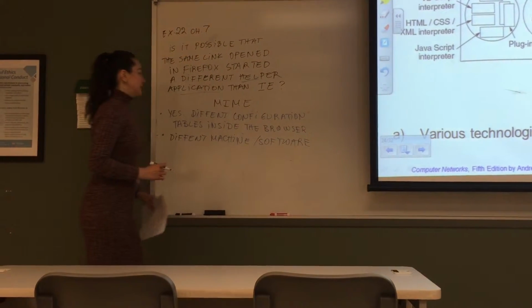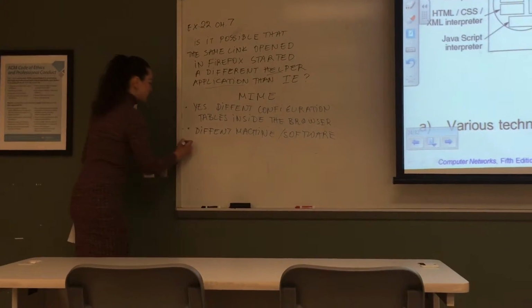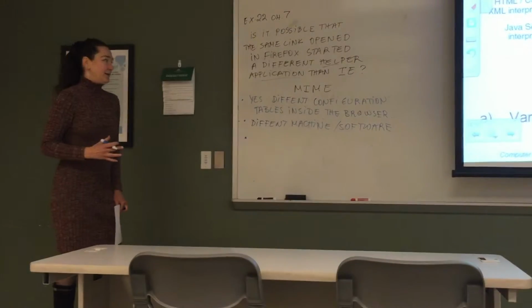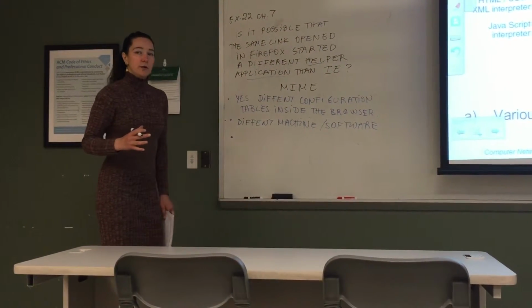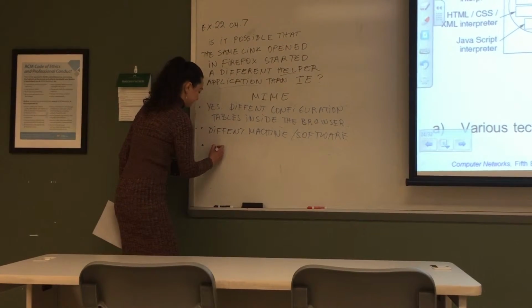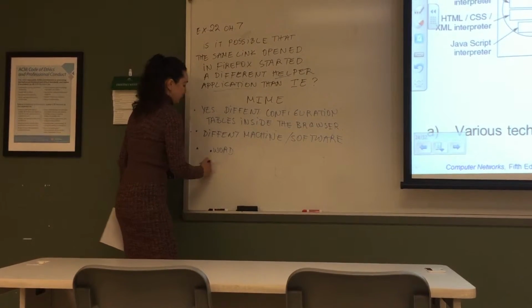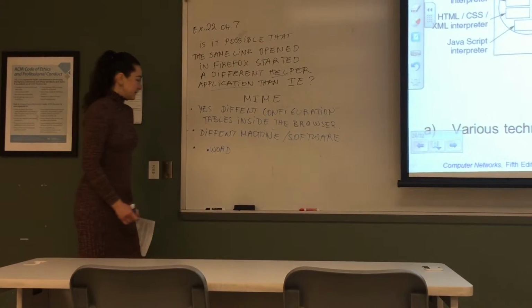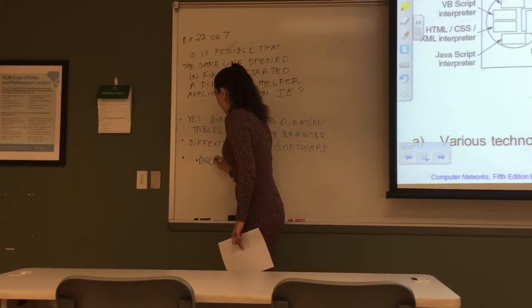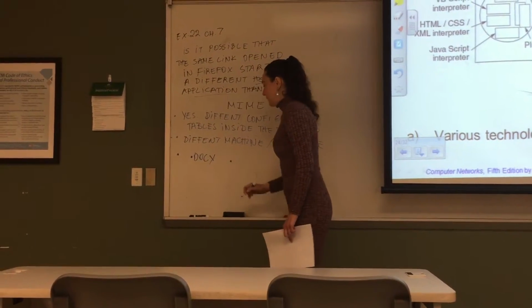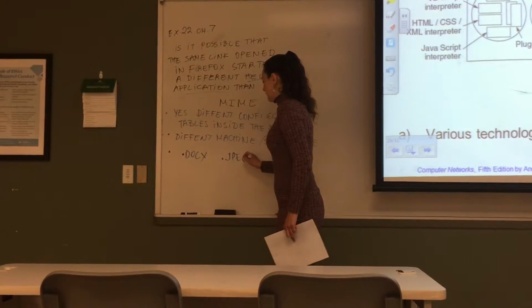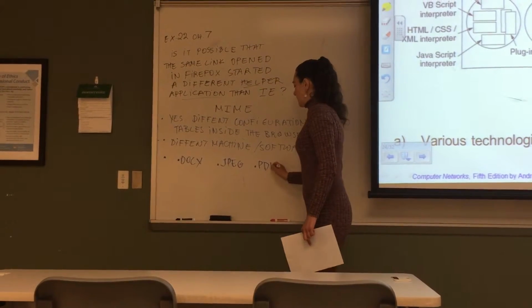And the other thing is that if it's Microsoft, the way Windows works, it associates applications with the file extensions. So, for example, a .doc file would be opened by Microsoft Word, or a JPEG would be opened by some photo viewing application.